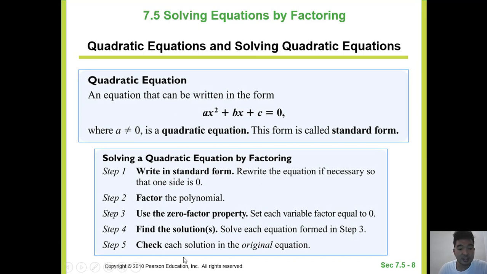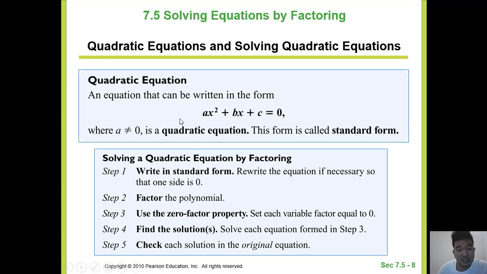Quadratic equation, this is just a review. An equation that can be written in the form ax squared plus bx plus c equals 0, where a is not equal to 0. Why? Because a is the numerical coefficient of x squared, and ax squared is the quadratic term.